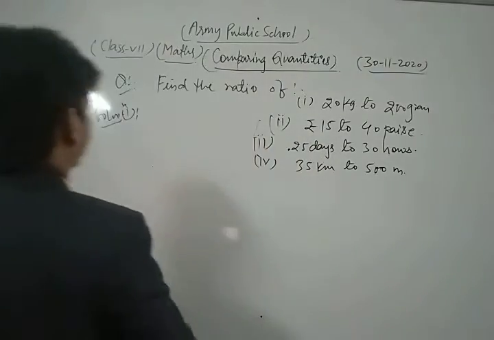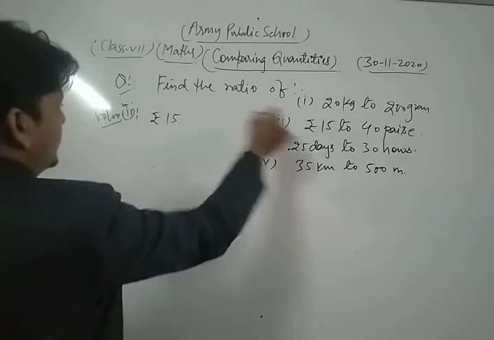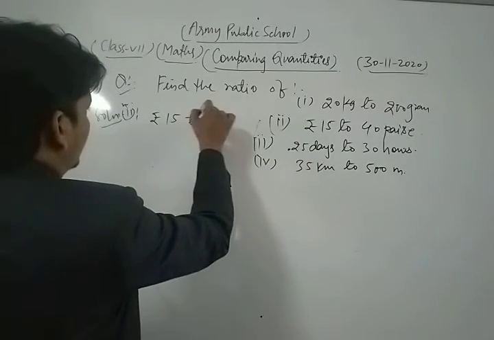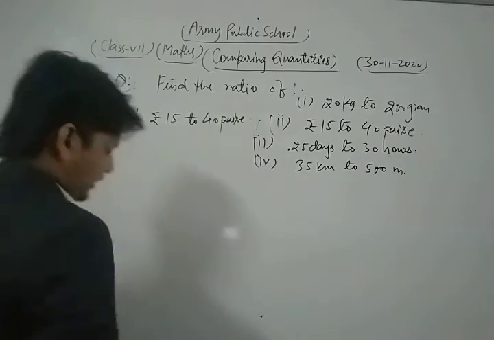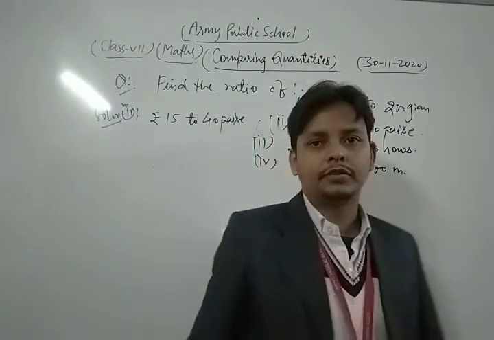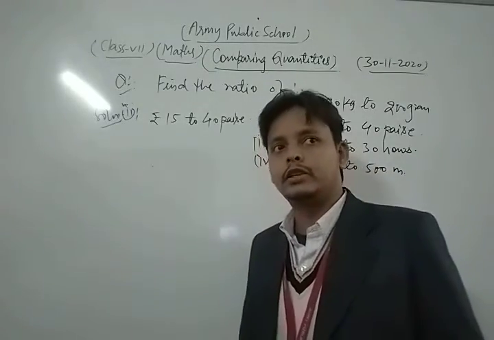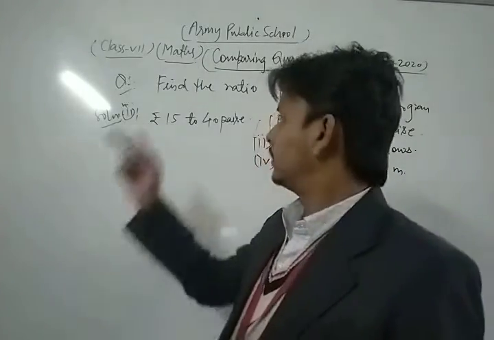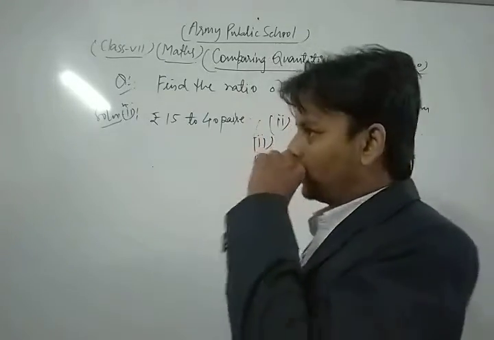Now we solve the second part of this question, which is: we find the ratio of rupees 15 to 40 paise. Similarly, as we did in the previous question, first of all we convert rupees into paise or paise into rupees.